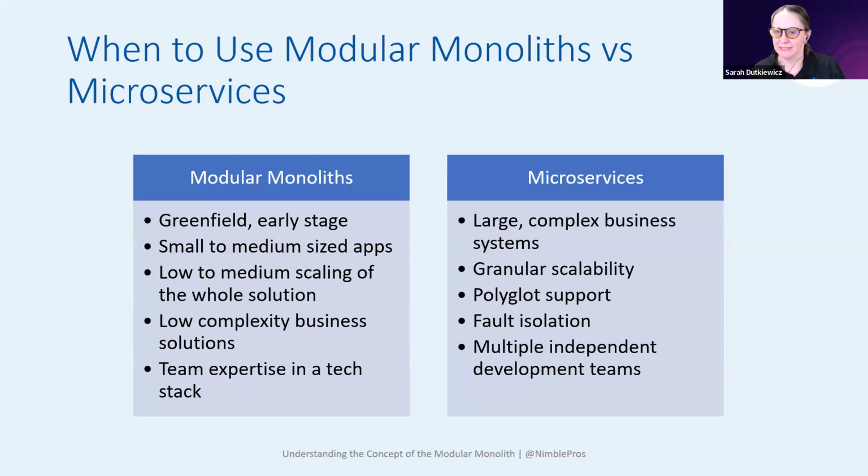Now, microservices are okay for your larger complex business systems. Their strong point is that you can scale an individual service. If a particular service has a lot more traffic and needs more resources thrown at it, microservices are great for that because you have that granular scalability.